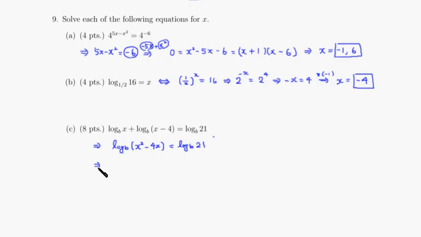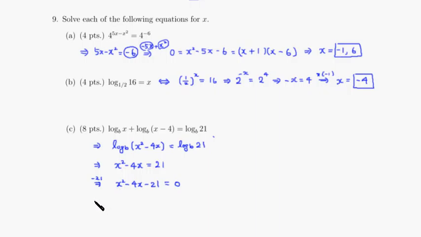Then since you have the log with the same base, we have to make sure that what's inside is the same. So you get x squared minus 4x is equal to 21. Then subtract 21 from both sides to get x squared minus 4x minus 21 equals 0.